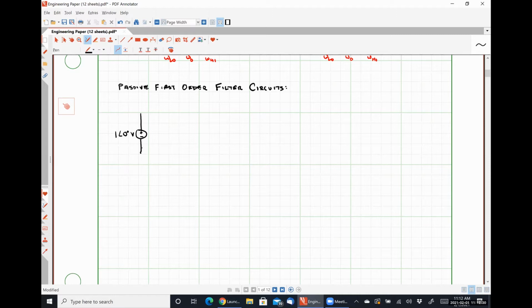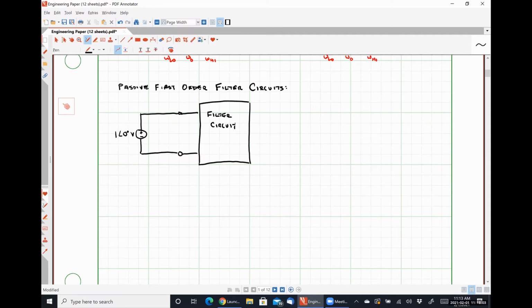second. And we are going to connect our source to our filter circuit. This will for sure be a linear filter circuit because this is a low-level class.